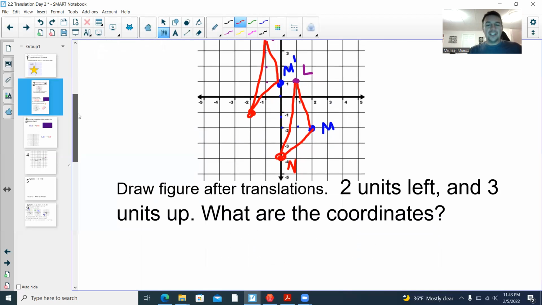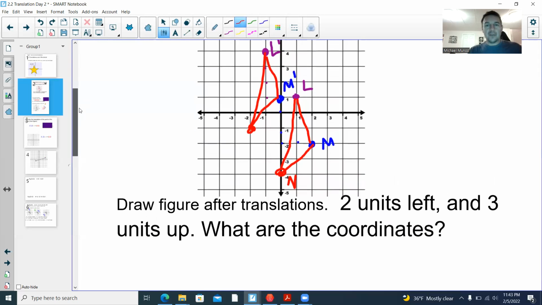And the next thing it says, what are the coordinates? So for everyone, I just want to put the coordinates. So I'd write it like this. I do my L first. L is, it goes back 1, so -1 on the X, and then up 4. Then for the M, my new M is 0 because I don't go left or right.